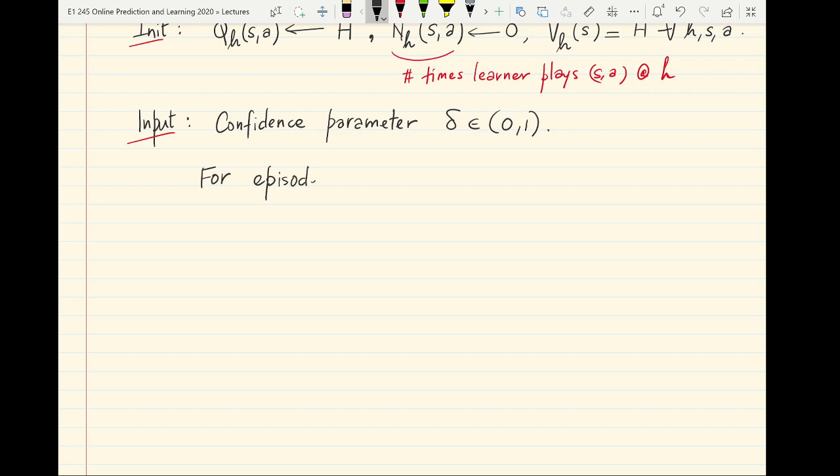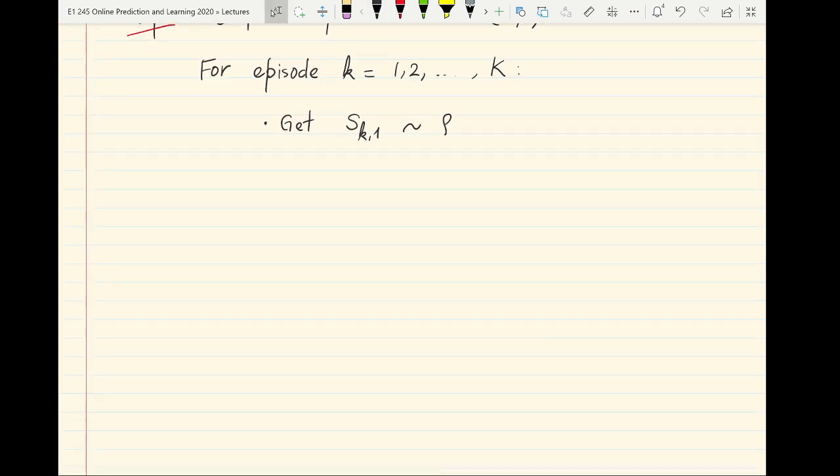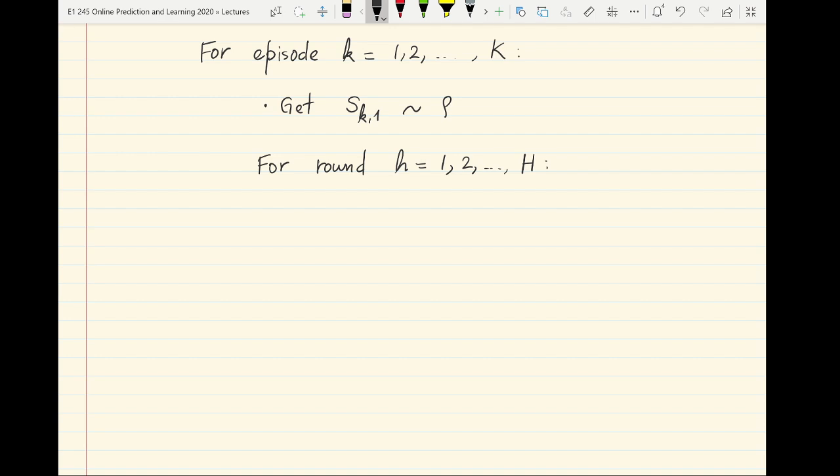So at every episode k, you first get the reset start state according to rho, and then for every round or decision step h in 1 through H, it's time for the learner to play an action.